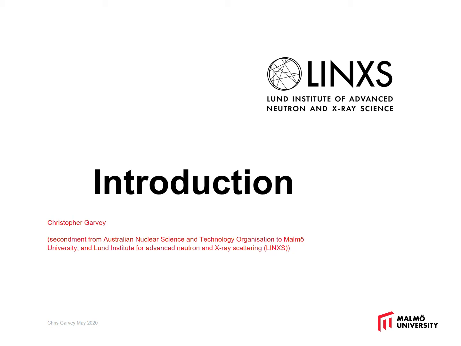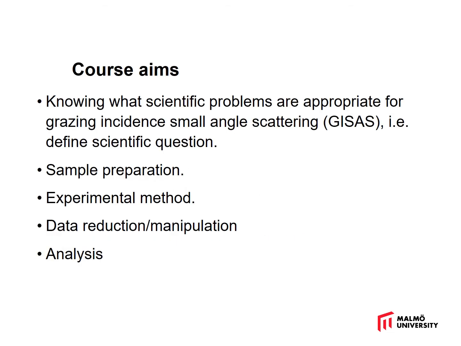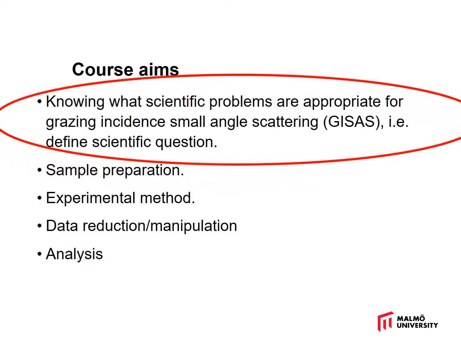So in this first lecture or webinar, I'd like to introduce the technique of grazing incidence small angle scattering to you. And really the overall aim of this lecture is to understand what scientific problems are appropriate for the grazing incidence technique.